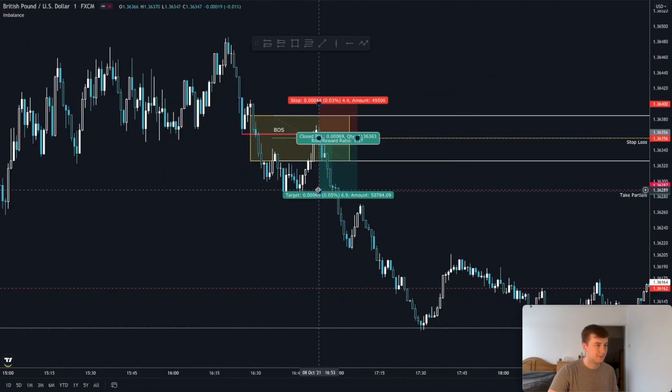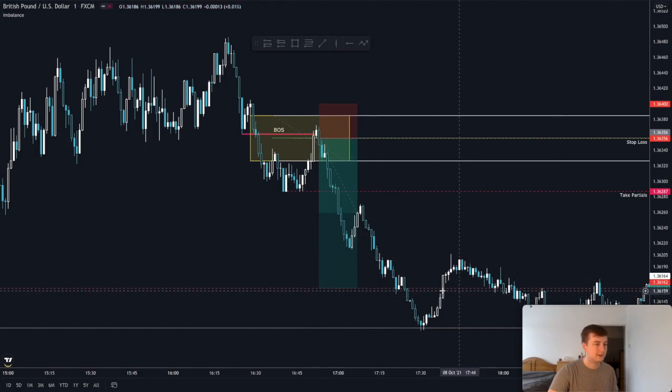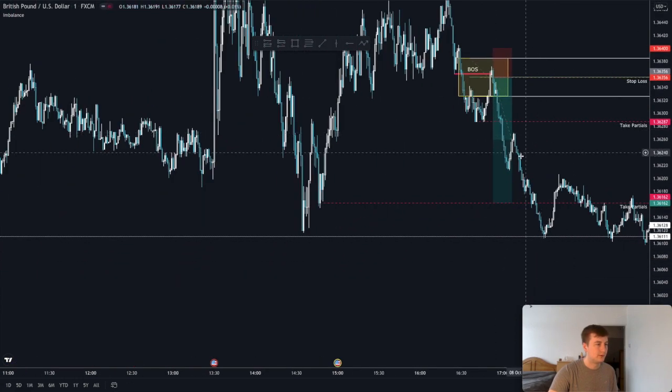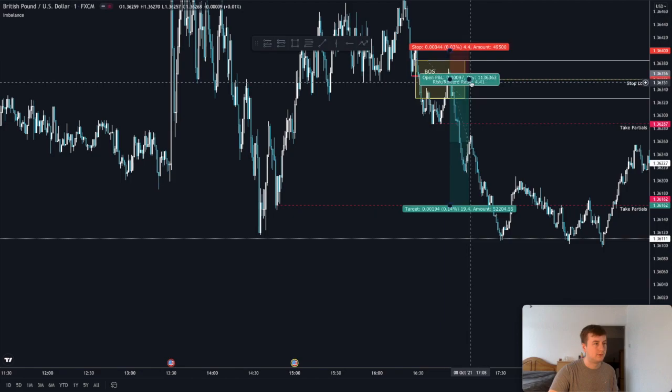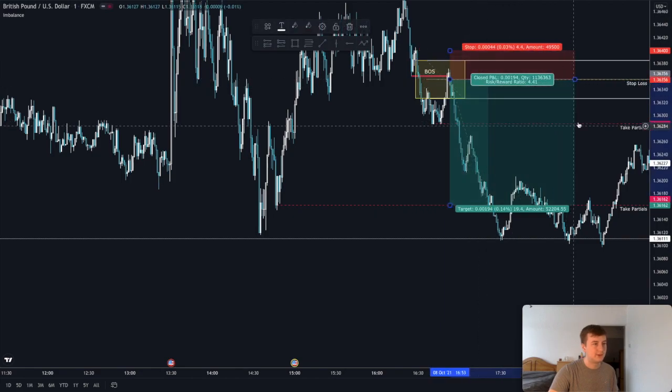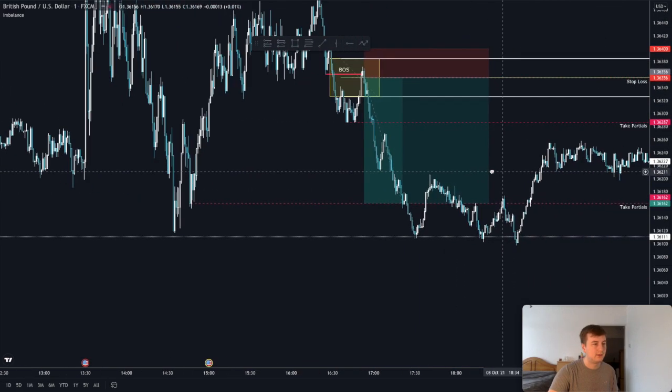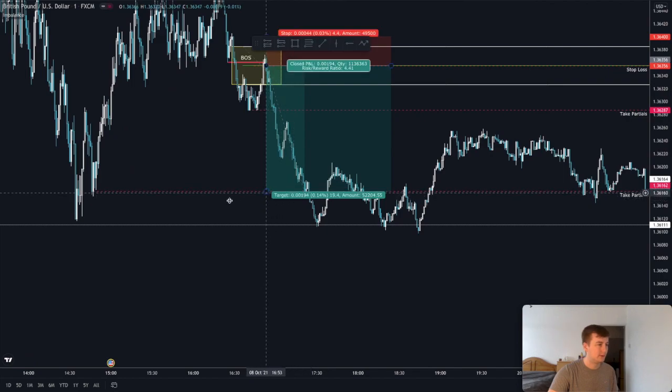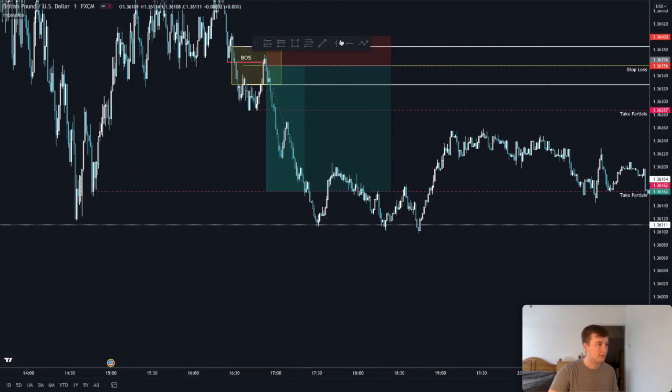So you would then drag this down, and this will be your second take partials. Now you've closed 50% here, 50% again here, and then you leave it going, and another 50%.